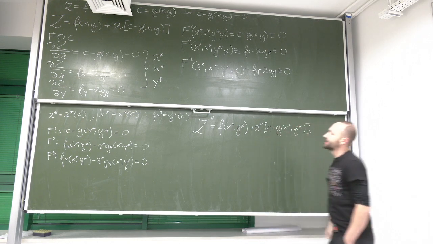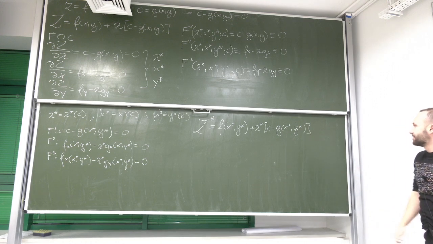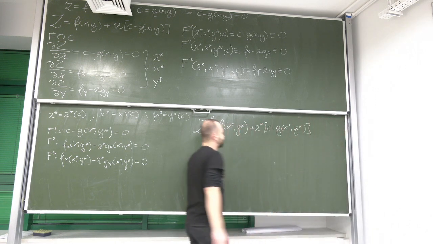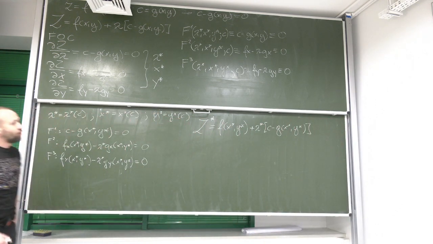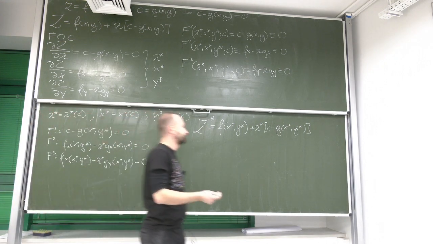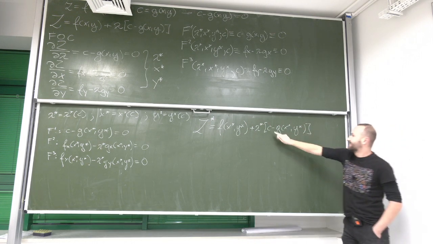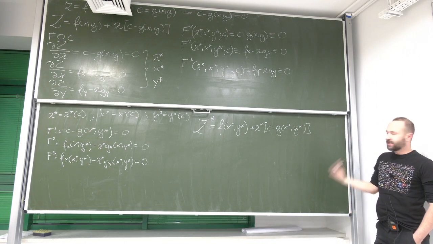So I'm just simply substituting all the optimal values as they are into the equation. And look, what do we need to do right now? Well, we are interested in what is going to happen to optimal z when c changes.